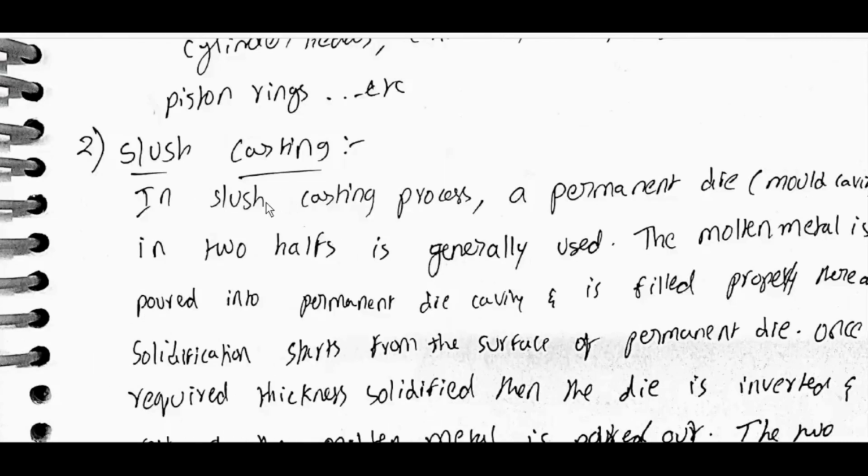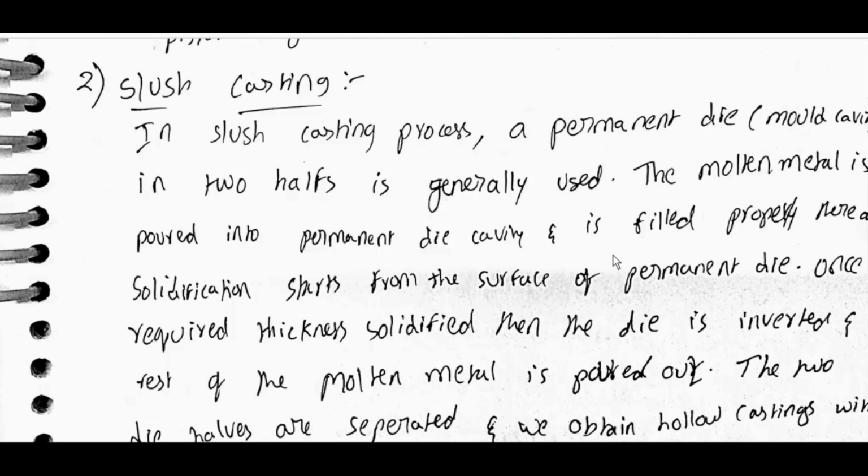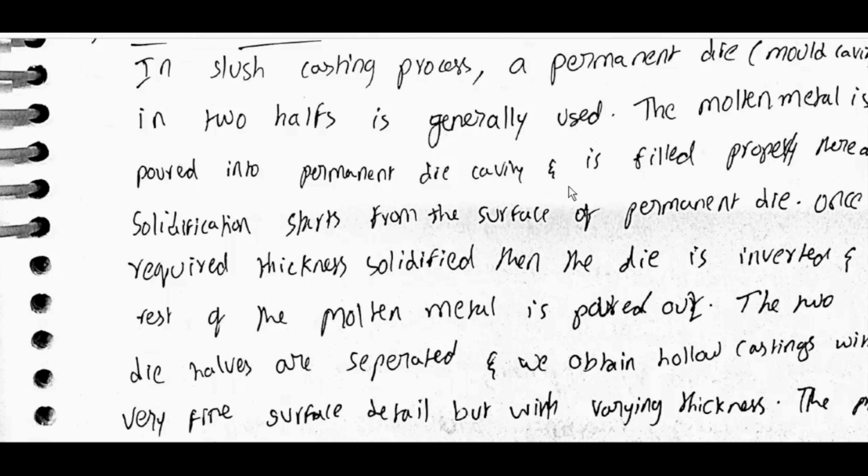Slush casting: in the slush casting process, a permanent die mold cavity in two halves is generally used. The molten metal is poured into the permanent die cavity and is filled properly, thereby solidification starts from the surface of the permanent die.